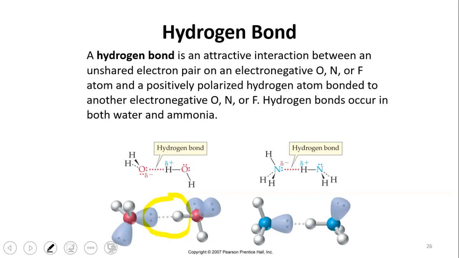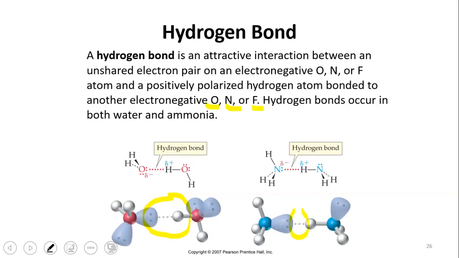But notice that in order for it to work, the hydrogen that is partially positive has to be attached to either an oxygen, a nitrogen, or a fluorine atom. Okay, a little exclusive in there. You can see on the right the same thing between the partially negative nitrogen of one ammonia molecule and the partially positive hydrogen of a neighboring ammonia molecule.